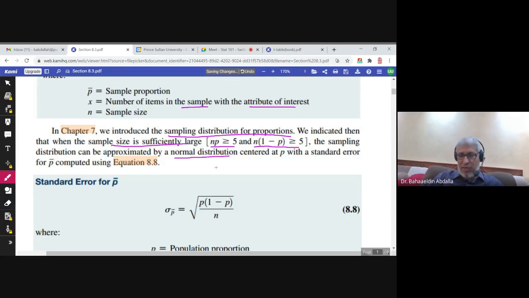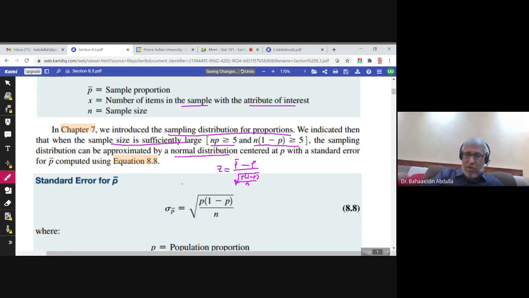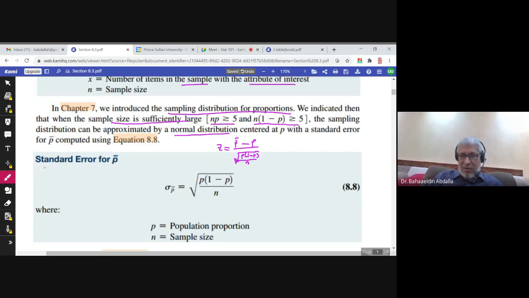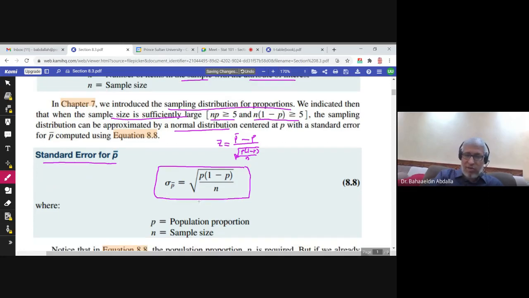And we said that we can change the distribution of P bar then to Z using this formula over N. We studied this in chapter 7. So the standard error for P bar in chapter 7 was this quantity, square root of P times Q over N, where Q is 1 minus P.